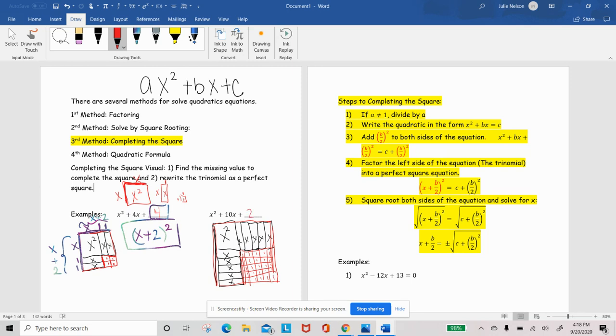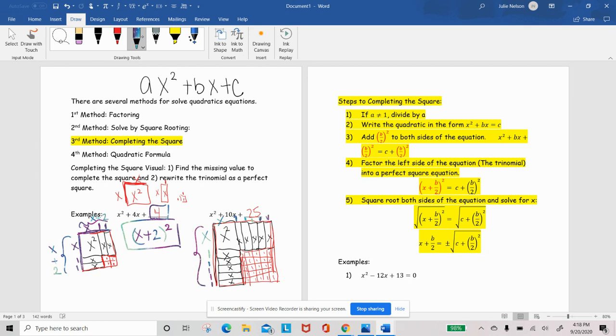So I need 25 little squares to complete this big square, right? I notice that x squared is x times x, and each one of these x's is x times 1. Same thing going across the top, it's x times 1.